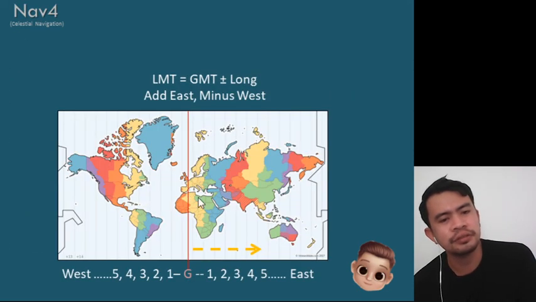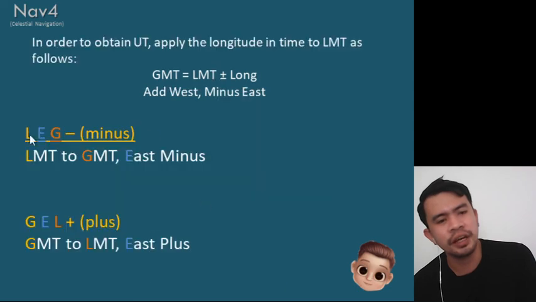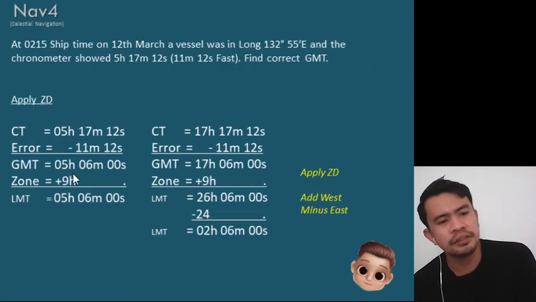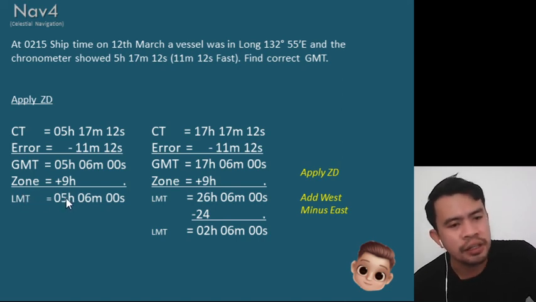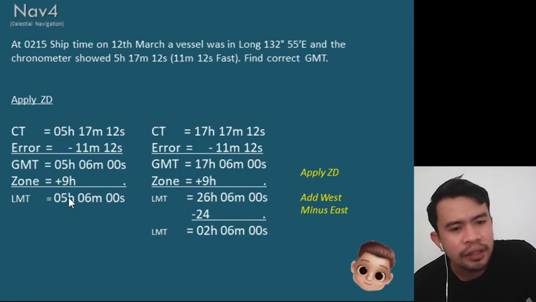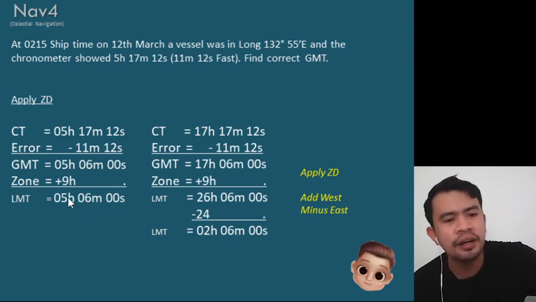Ito na po yung explanation doon. At saka ito. Dahil in this case, yung hahanapin natin is si LMT, di ba? So, yun nga, we will be adding, no? Apologies.